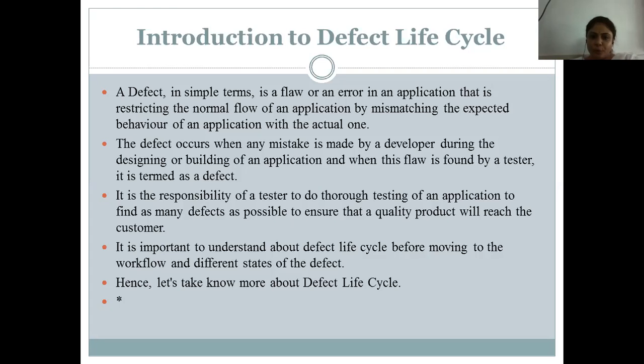It is the responsibility of the tester to do thorough testing of an application, find the defect and solve it so that the quality of the product can be reached. It is important to understand the defect life cycle before moving to the workflow and the states of the defect. So let's start with defect life cycle.